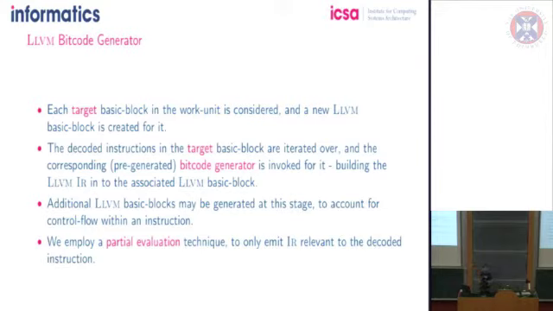Instructions can have different behaviors depending on what flags are set in the instruction. If I go back to our ARM example, we have an add instruction which may be add S, or it may be add on its own. The S flag says that we should set flags after this add. That's something we can determine at static JIT compilation time, and we only emit the code that corresponds to setting the flags if that bit is actually set in the instruction description.